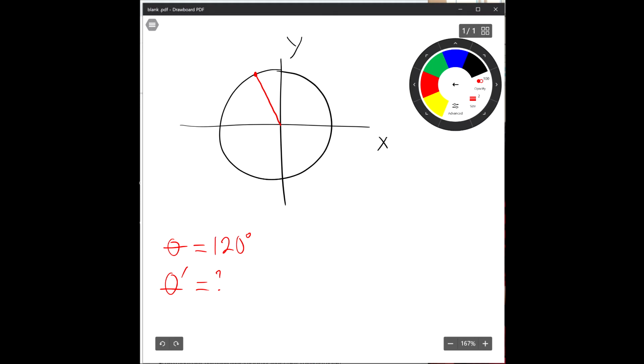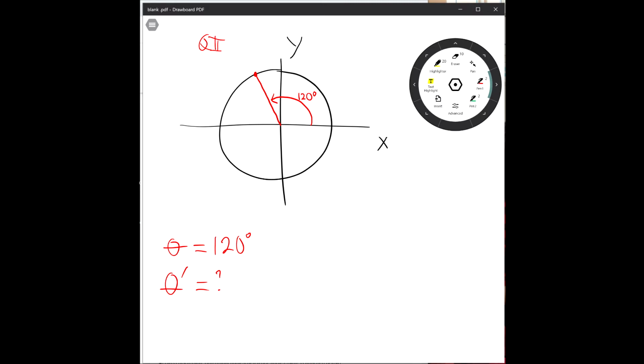That means from the 0 degree all the way to this terminal side will be 120 degrees. And this angle lies in quadrant number 2, or the second quadrant. So how do we find the reference angle of this angle? Again, in order to do that, I will drop down the right triangle on the x-axis.